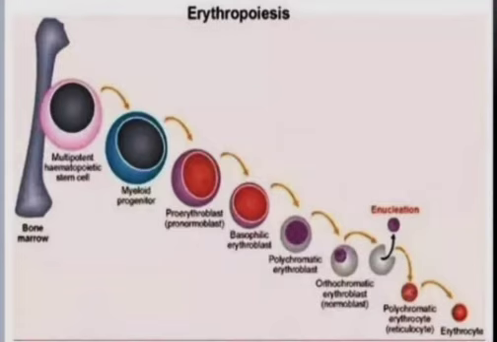I said they are smaller in size than the pro-erythroblast, with a diameter of about 15. And their nucleus is also smaller than that of the pro-erythroblast.